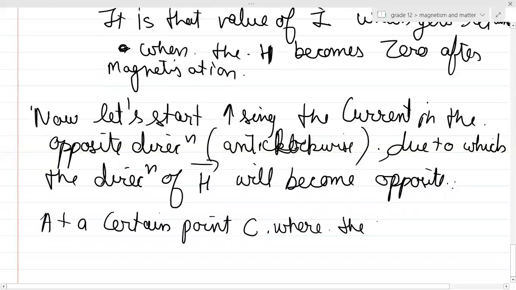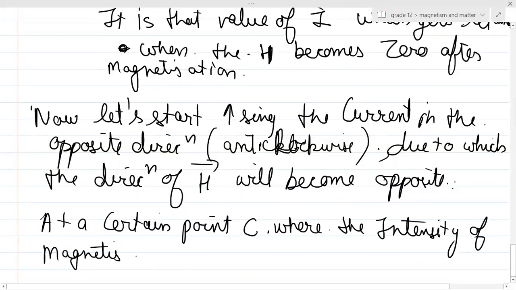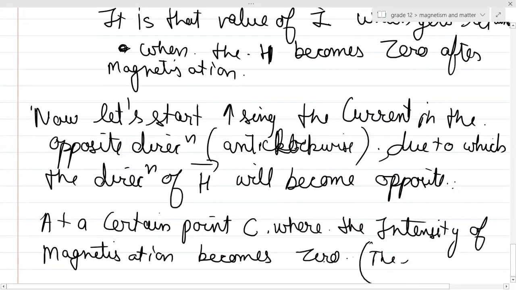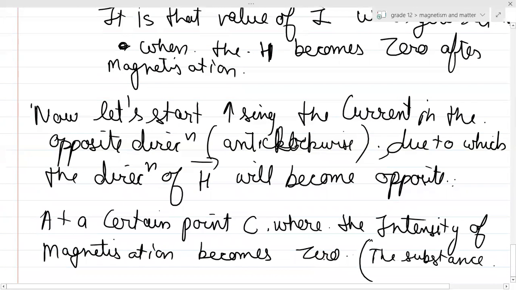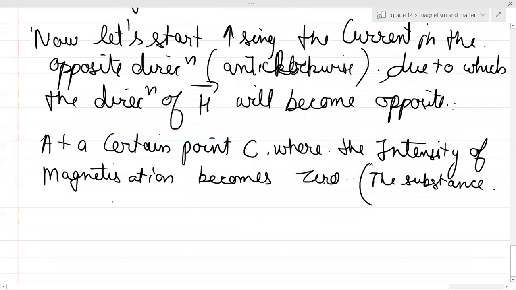where the intensity of magnetization becomes 0, the substance will get completely demagnetized.